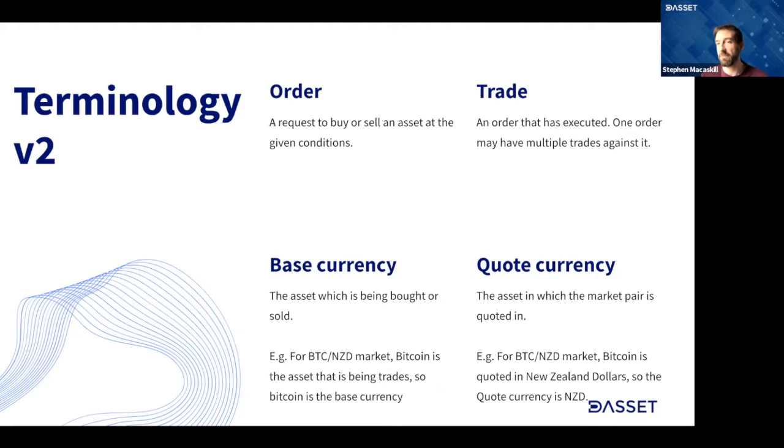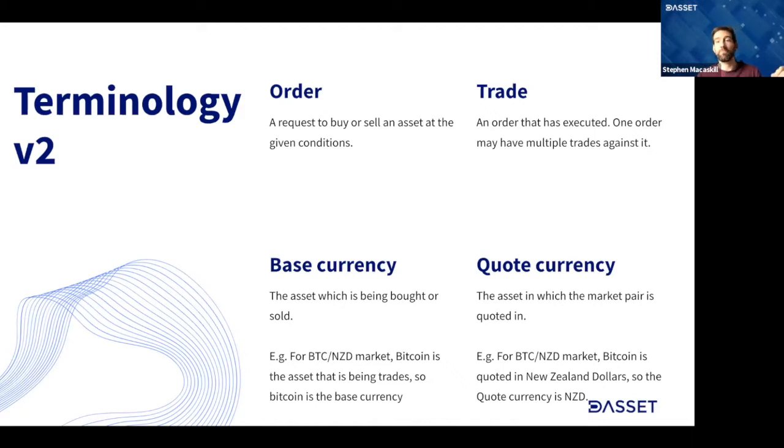For example, I can put an order in the order book to purchase 100 Bitcoin. You, as a seller, may only have 1 Bitcoin. If you sell that Bitcoin to me, then that trade of 1 Bitcoin has partially filled my order, but I still have 99 Bitcoin that I want to buy.